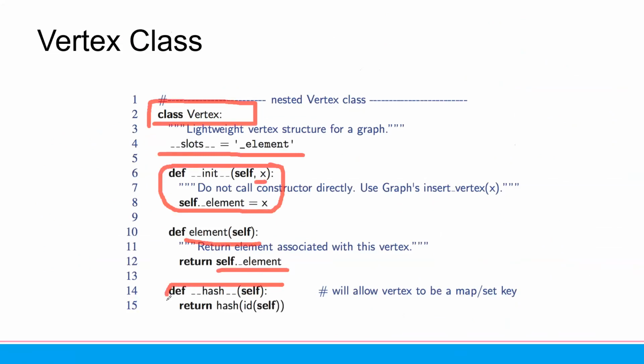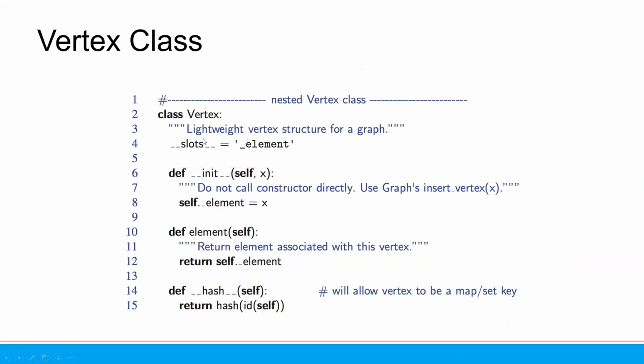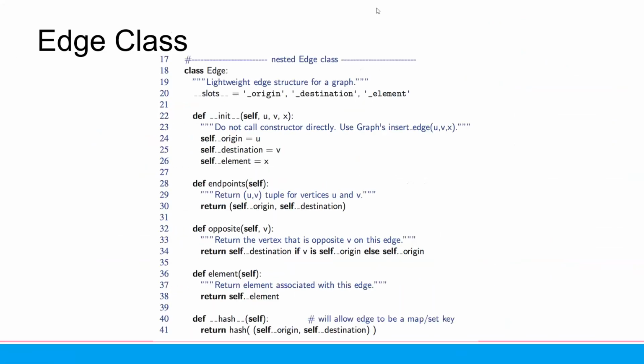If we want to put it into a map, or make it a hash table, then we need to map it into one integer value. So that means I need to define what is the ID.